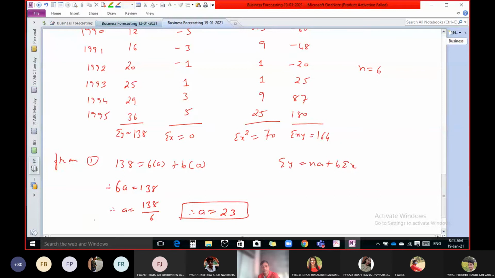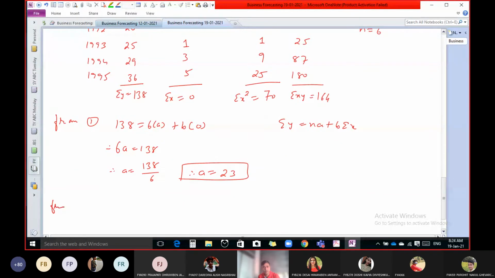From equation 2: sigma xy equals A sigma x plus B sigma x square. Now sigma xy is 164, equal to A into sigma x which is 0, plus B into sigma x square which is 70.